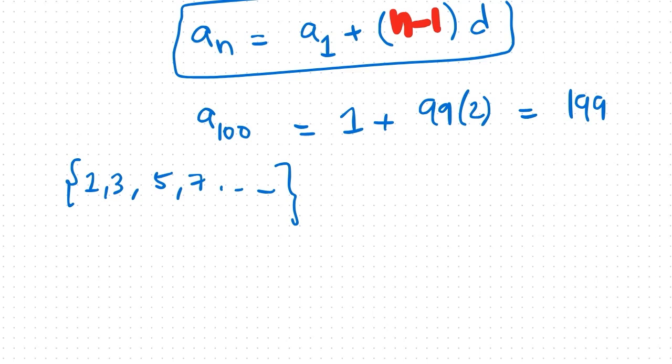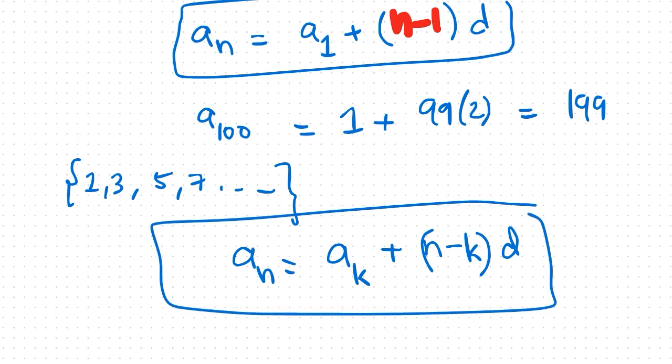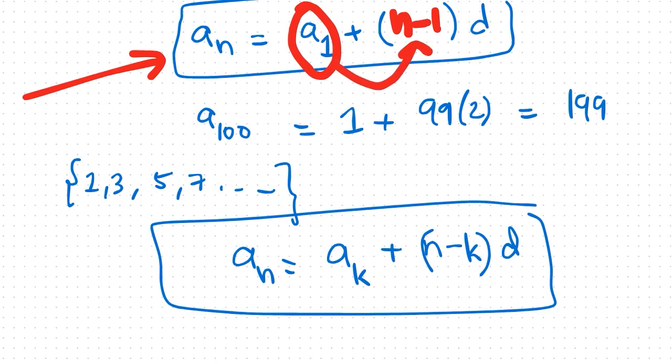This formula can be modified also as an is equal to, let's say, the kth term, ak plus n minus k into d. In the first formula, you are adding the first term with n minus 1 into d.